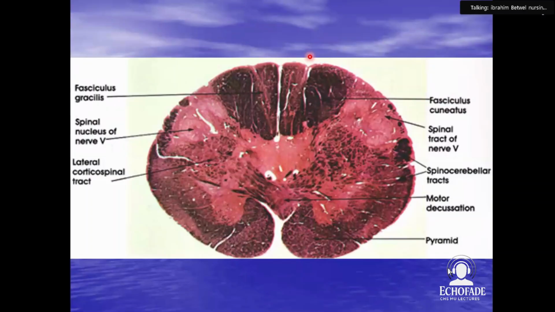Most of the ascending tracts are sensory, carrying sensory information to various parts of the brain, and the descending tracts from the brain to the spinal cord are motor.